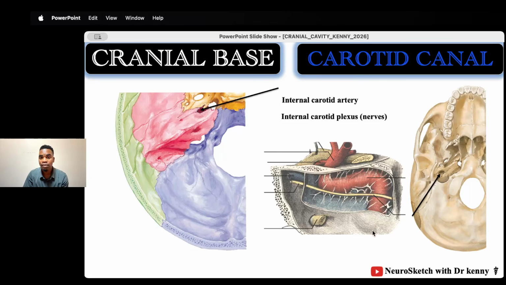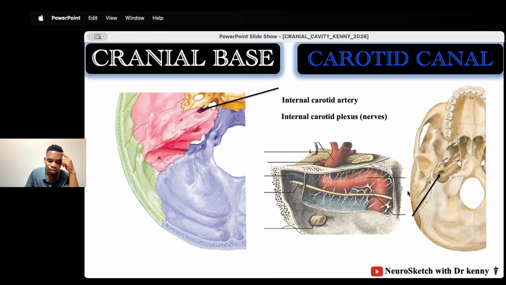Now we say they are being carried to the head by way of the blood vessels, and these blood vessels we name the carotid vessels. We have the external carotid and the internal carotid. Now the internal carotid will travel through the carotid canal together with the internal carotid plexus, the plexus of nerves which are sympathetic, and are going to supply different structures within the head. That's your carotid canal.